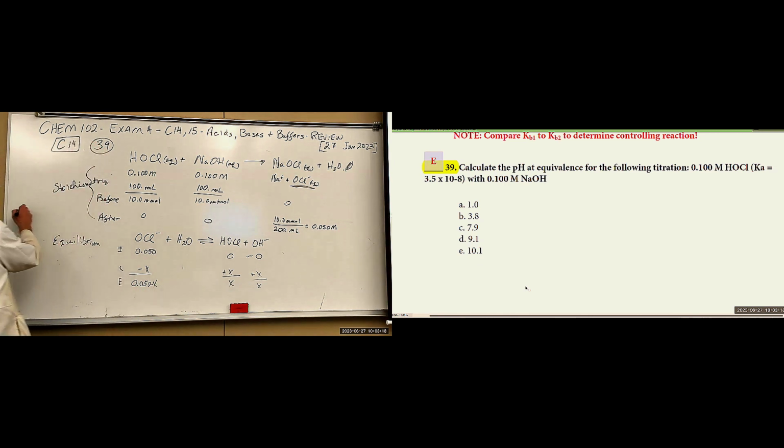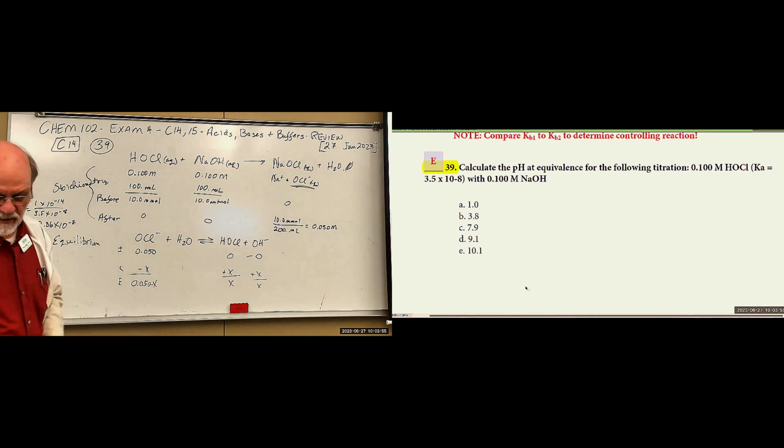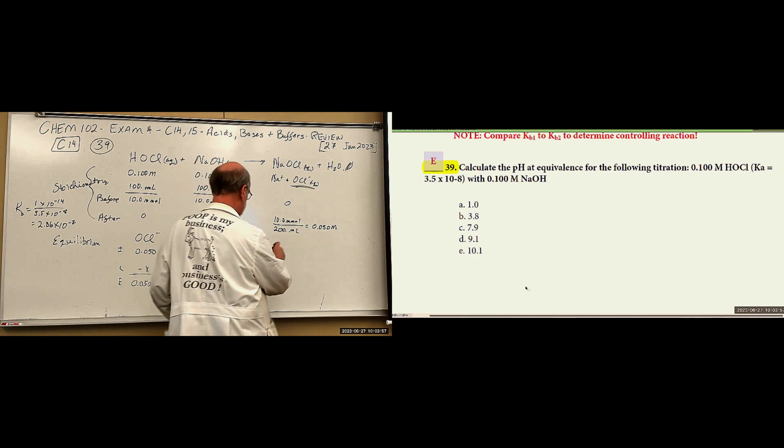So the Kb for that reaction is going to be Kw divided by 3.5 times 10 to the minus 8. Here we go, 2.86 times 10 to the minus 7. There's the Kb.